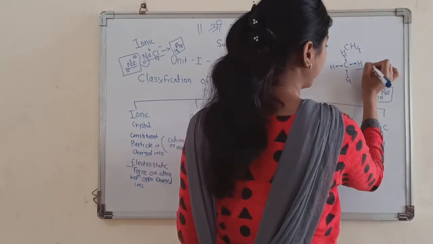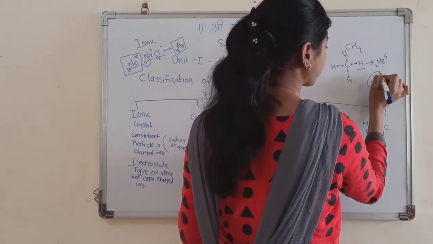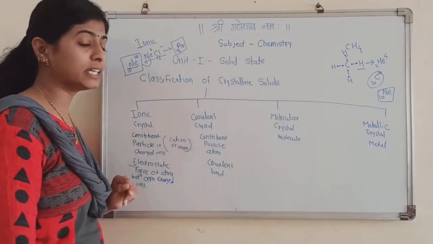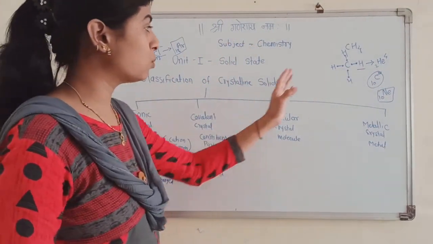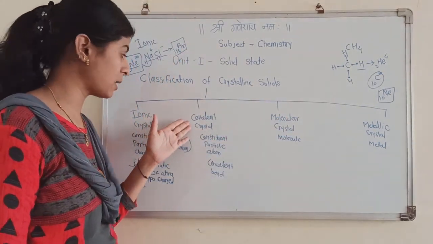On the other hand, hydrogen has the nearest noble gas helium. So on sharing electrons, the covalent bond gets formed, and the same phenomenon applies here.